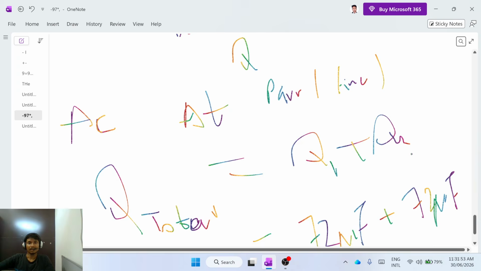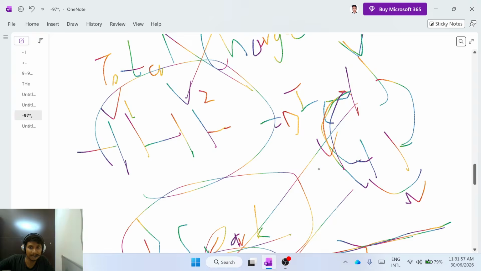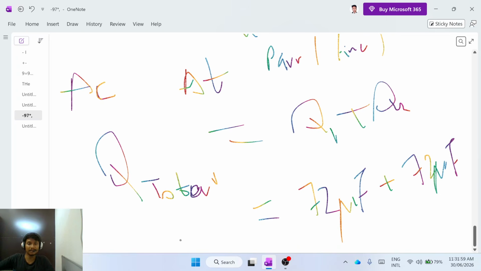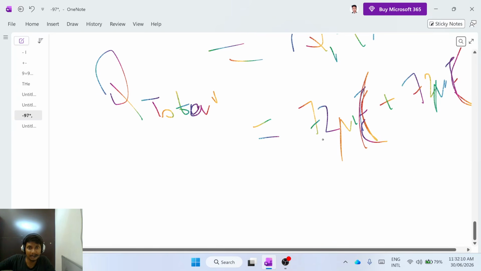You may have a doubt that in the initial stage, in series connection, the Q total is 72 microcoulomb. If you look at the series connection, Q total is 72. But here it is 72 plus 72.